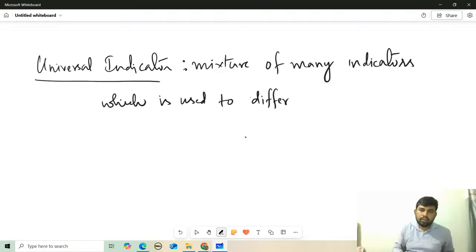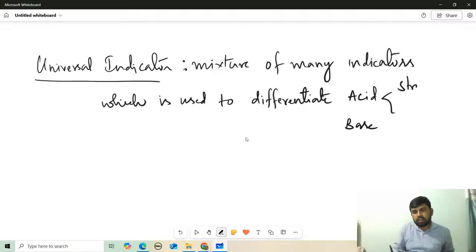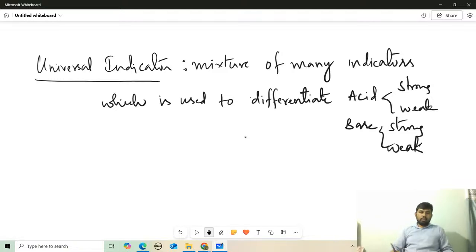A normal indicator can tell whether a solution is an acid or a base. This universal indicator will also tell about strong acid and weak acid, and similarly strong base and weak base. This can also be explained by the universal indicator.